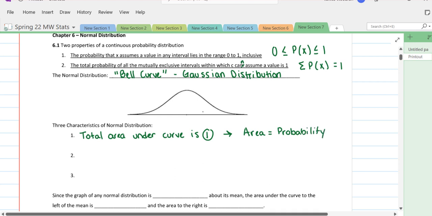It's the area under the curve, if I were to color all of this in. The area is the probability. And the total area under this curve is 1.